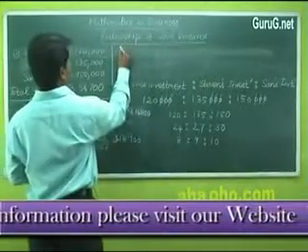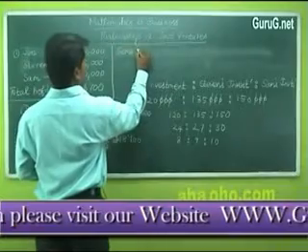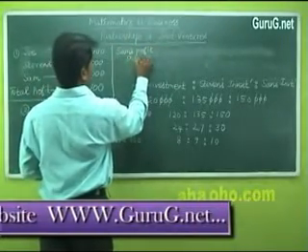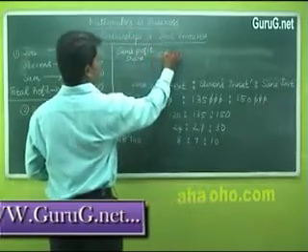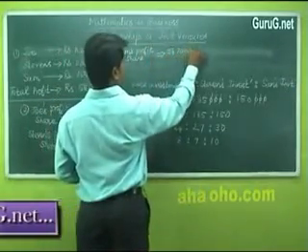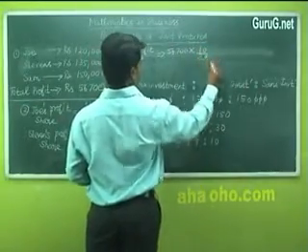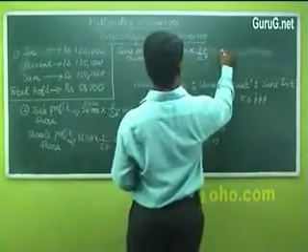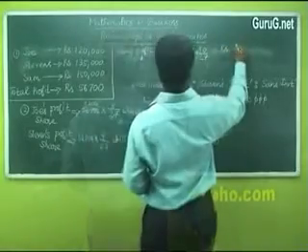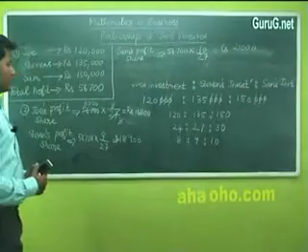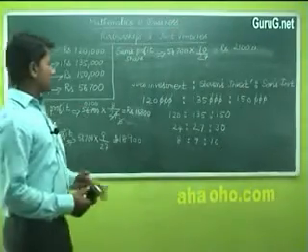Sam's profit share is equal to 56,700 into 10 by 27, which is equal to rupees 21,100. So are we getting it right? Just add and see.